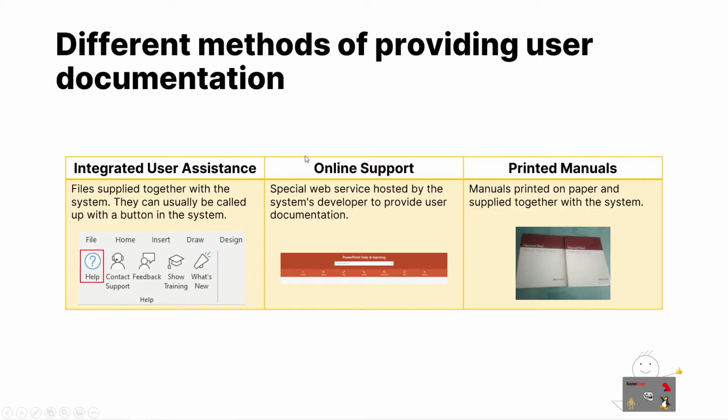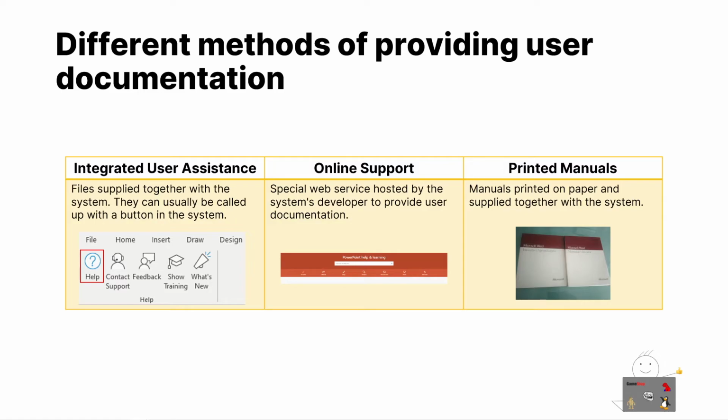Now, as for providing the user documentation, there are a couple of different methods. These are the main three. Starting with integrated user assistance. This is when the files are supplied together with the system and they can usually be called up with a button in the system.